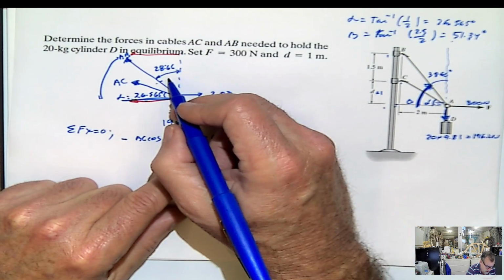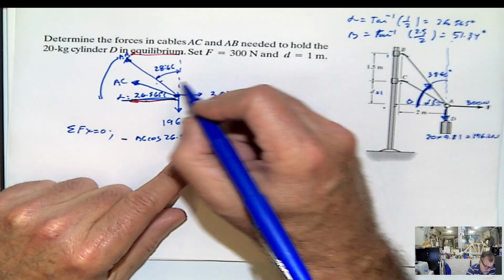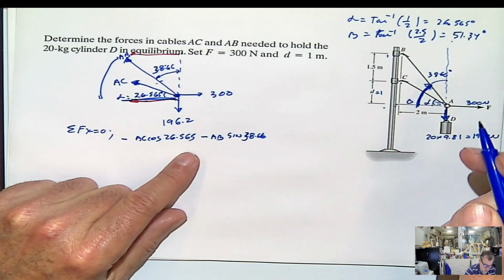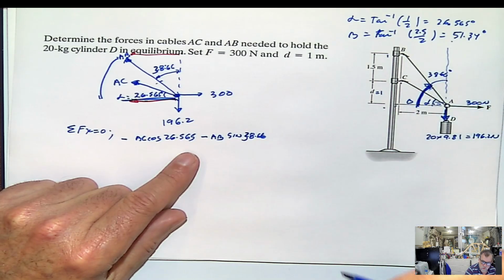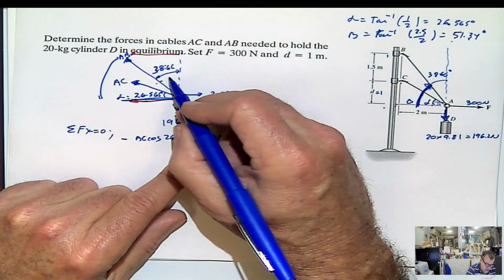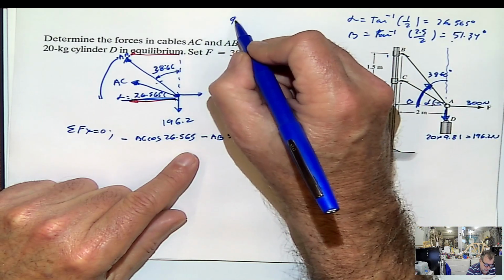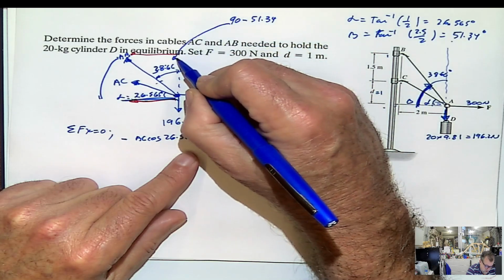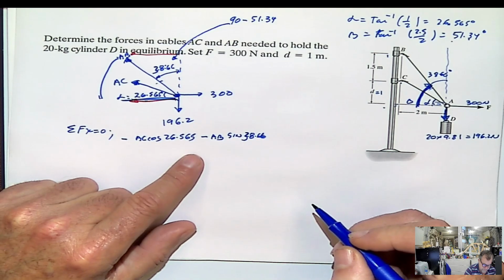This is not 28, this is 38. That's what happens when you don't write things. So for you guys, please say that this angle is going to be 90 minus 51.34, and that's going to give you that angle over there.